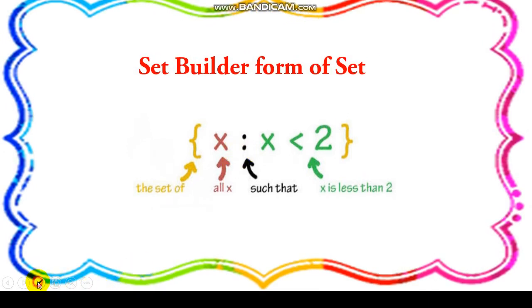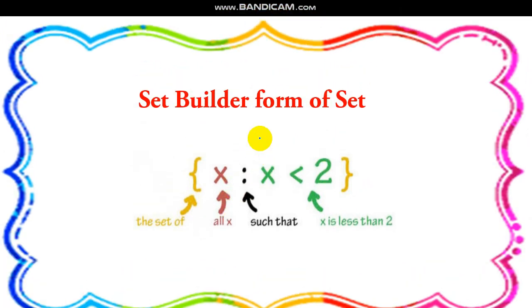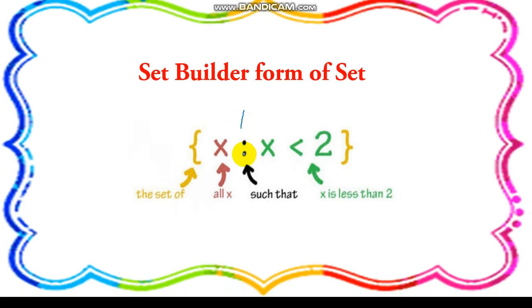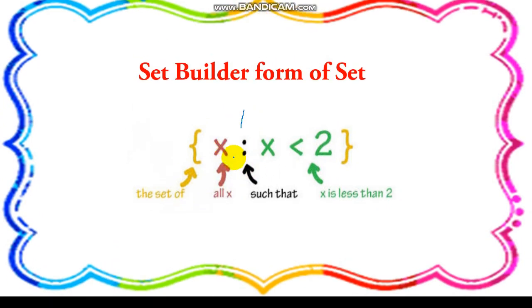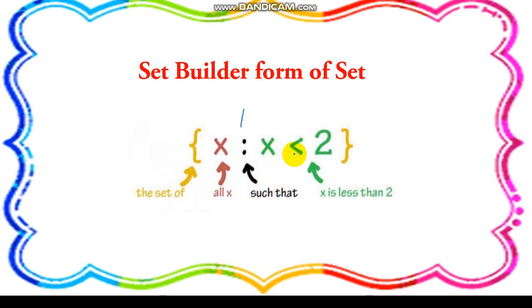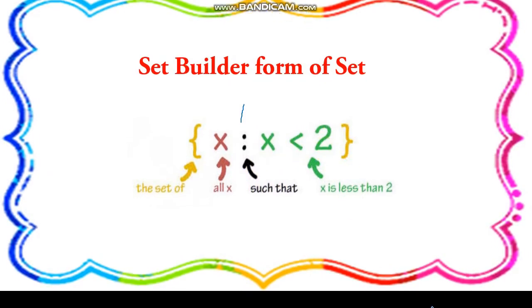It is also represented by the vertical line like this. So we'll read it as the set of all x such that x is less than 2. I hope you all have understood how to write the set in set builder form as well as how to read the set in set builder form.